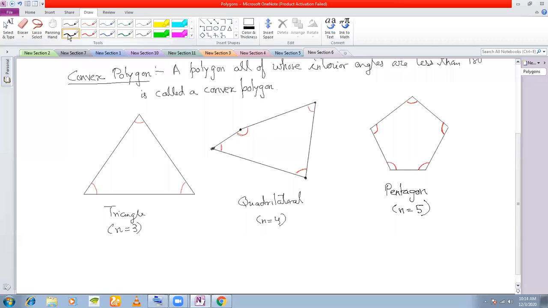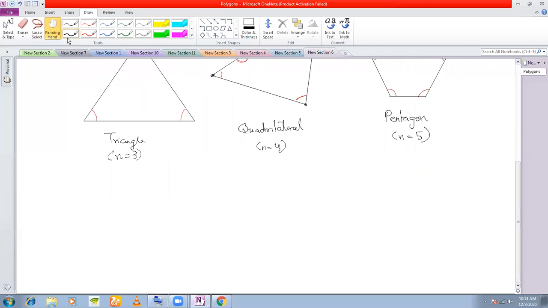Next polygon is a hexagon. How does the hexagon look like? This is a hexagon.